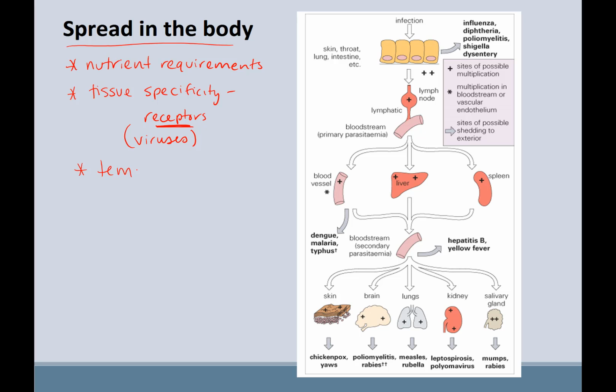Temperature can restrict where the virus spreads. So your, say, nasal system, nose, is about 33 degrees compared to the internal body, which is 37.